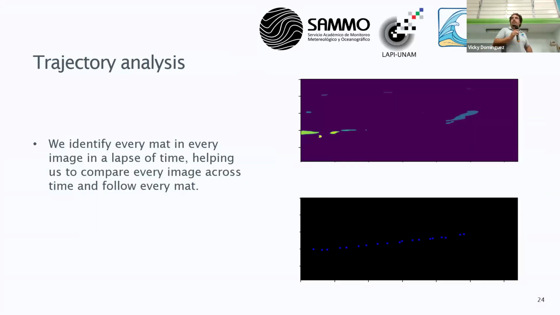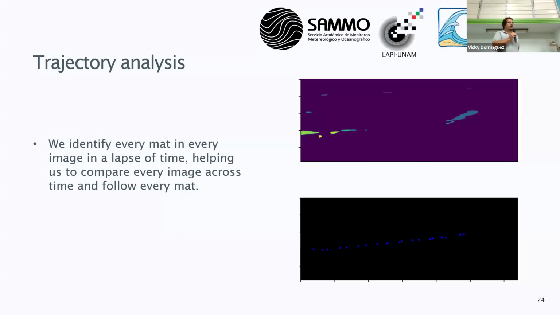After that, you then have to identify every mat of the sargassum. I do it by identifying the size of the mat, its position and its dimensions, and comparing every mat in close images. So we can say, okay, in the first minute this mat was here, it was this size, and it behaved like this.